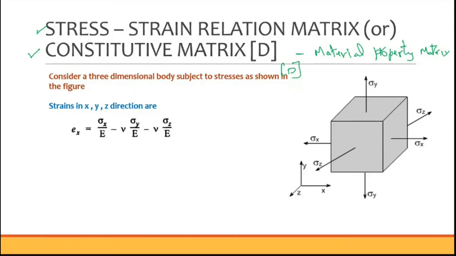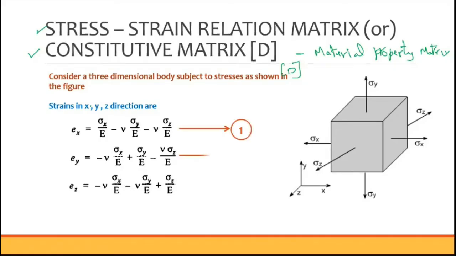So Ex is the longitudinal strain in X direction, sigma X by E, minus mu into sigma Y by E, minus mu into sigma Z by E. This is my strain in X direction. Strain in Y and Z directions are similar. We discussed these things in our strength of materials class.